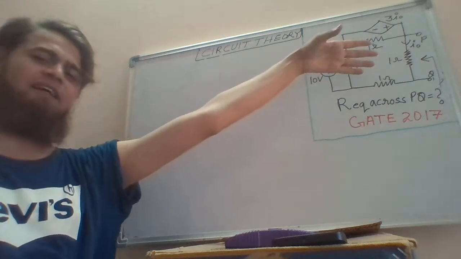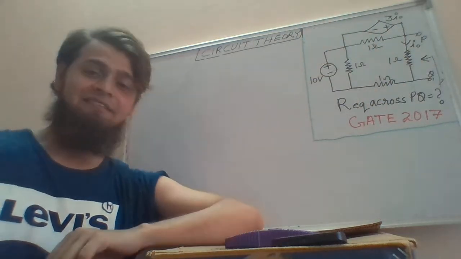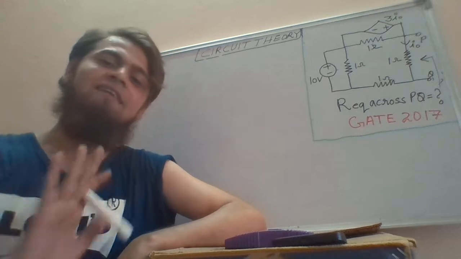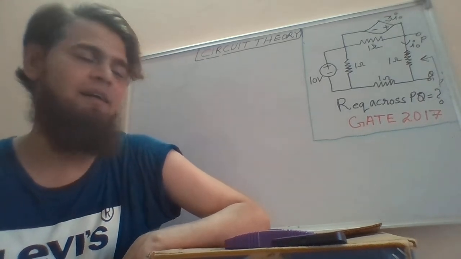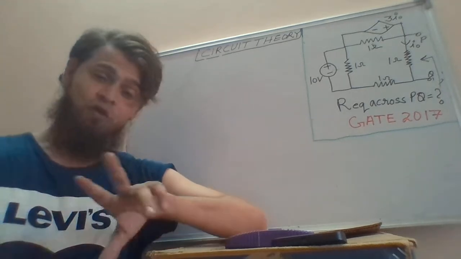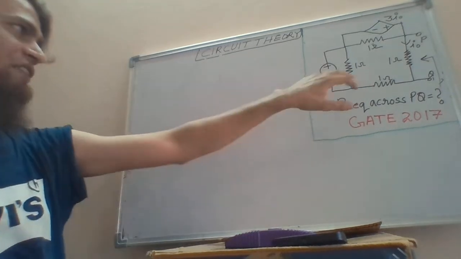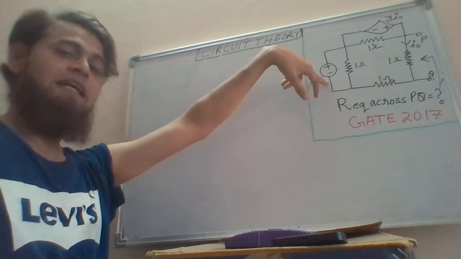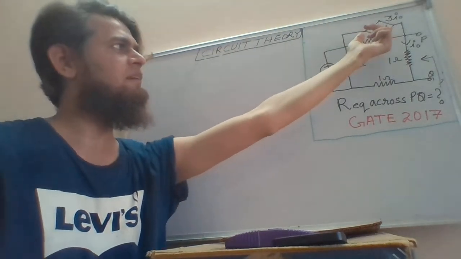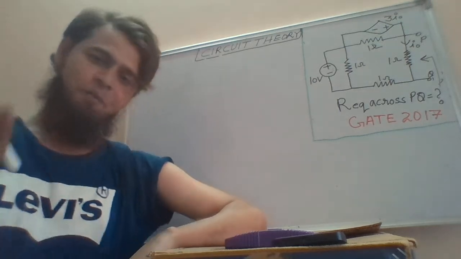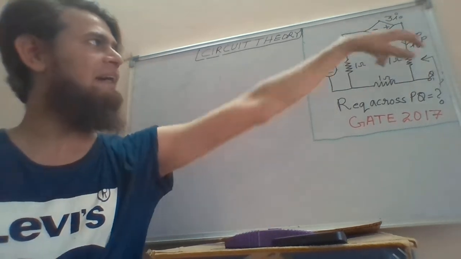Now look at this circuit. This circuit is a purely resistive circuit. There is no capacitor, there is no inductor, and as far as sources are concerned, there is an independent battery. And look at this battery. This battery depends on current I naught.